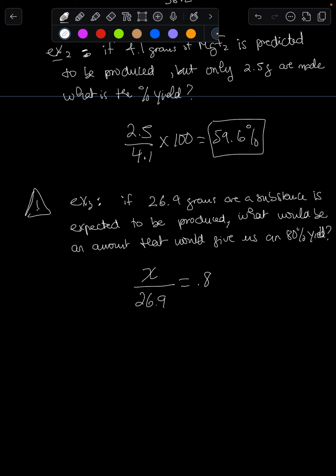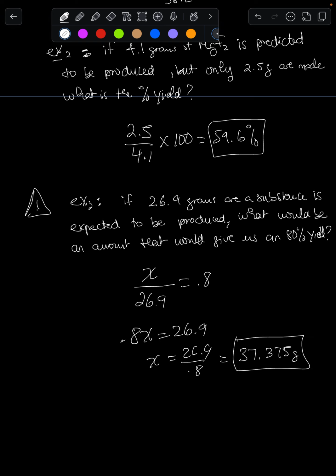Well, do I do 0.8x equals 26.9. Therefore, x is 26.9 divided by 0.8, 37.375 grams. I'm going to stop here. Find the mistake.